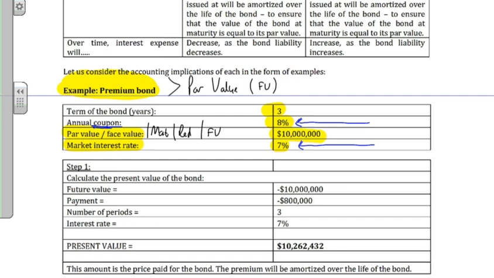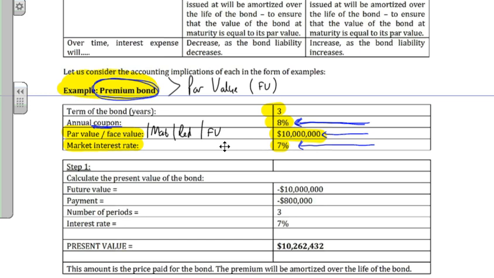Why would he pay more? Well, because he's getting more money up front. It's a premium bond. He's receiving more than the 10 million. And because he receives more than the 10 million, he's happy, so he's prepared to pay a higher coupon than the market interest rate. Okay, good.